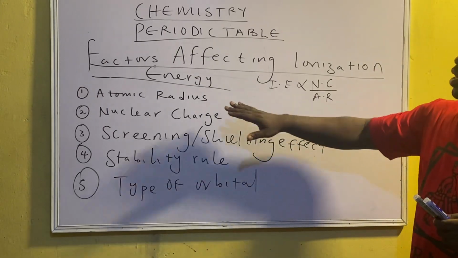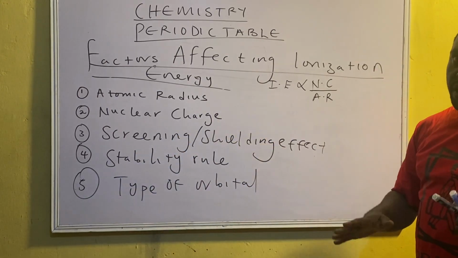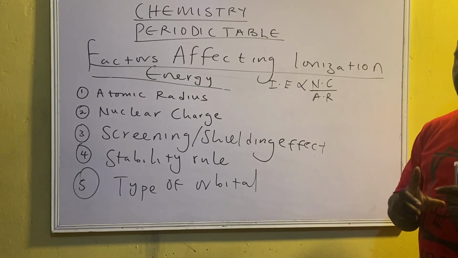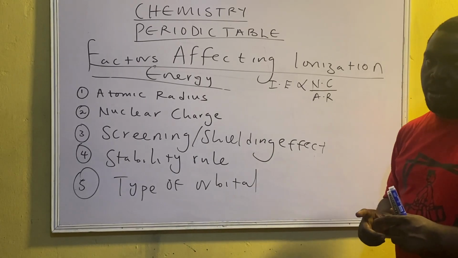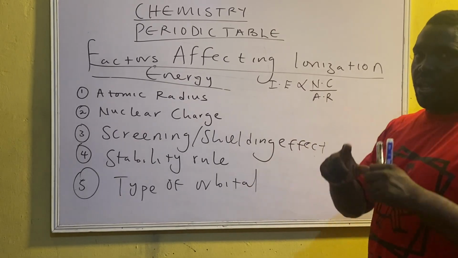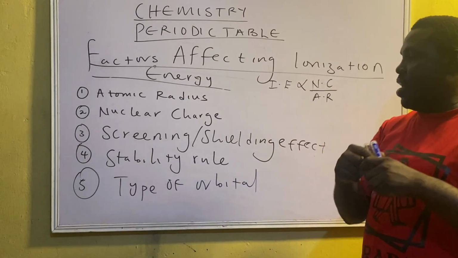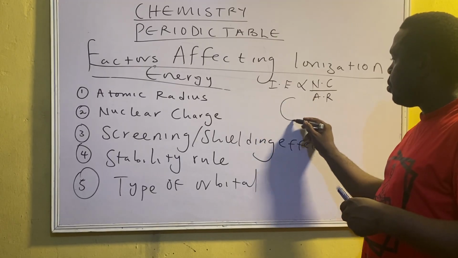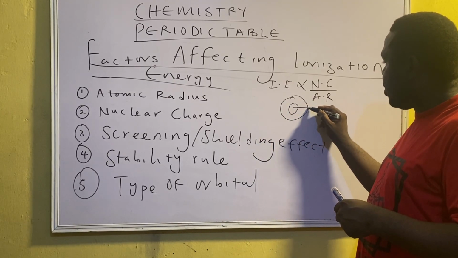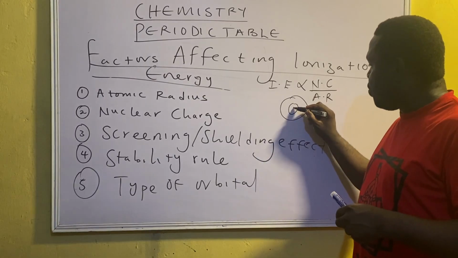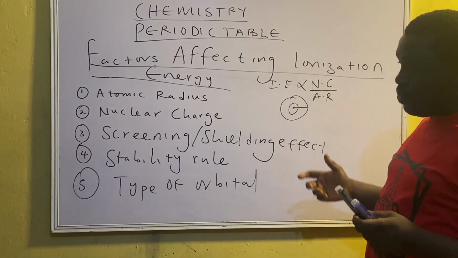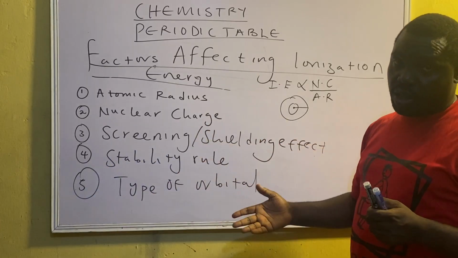Now, I'd like to explain again what atomic radius is. Atomic radius, we say that is the size of the atom, okay? Which is the distance between the nucleus and the outermost shell. So this distance is what we call the atomic size, okay?